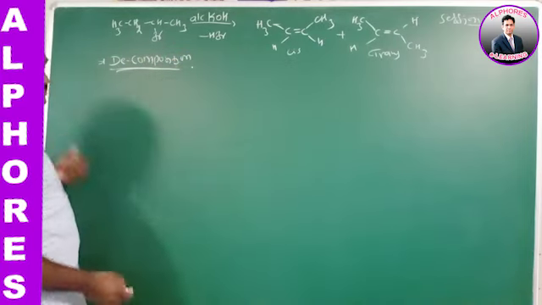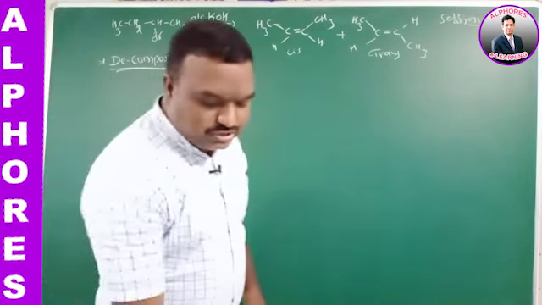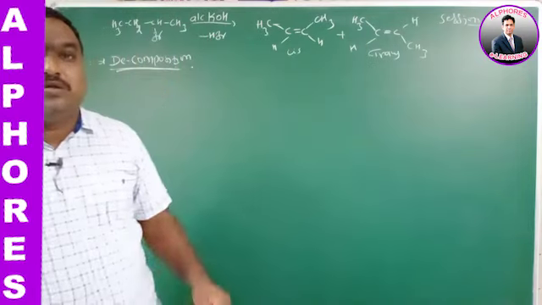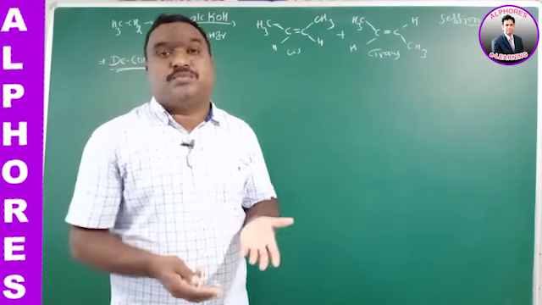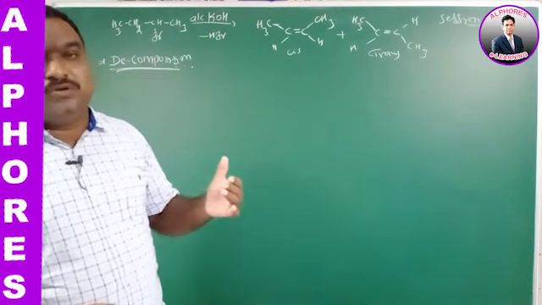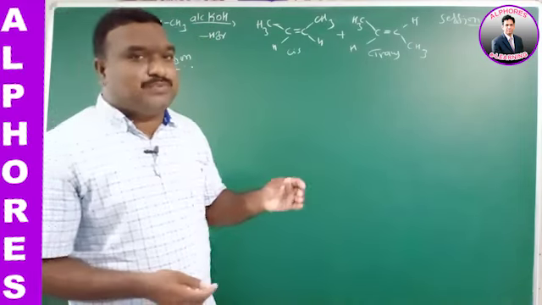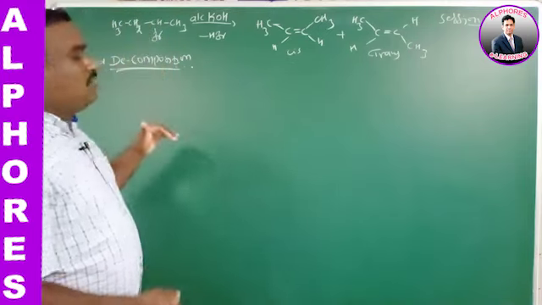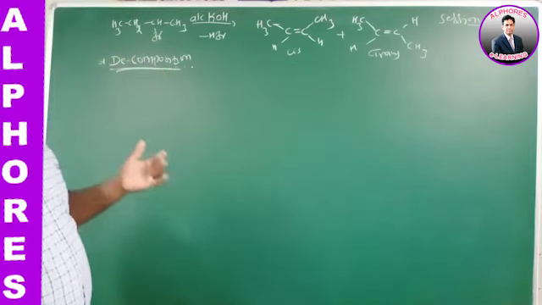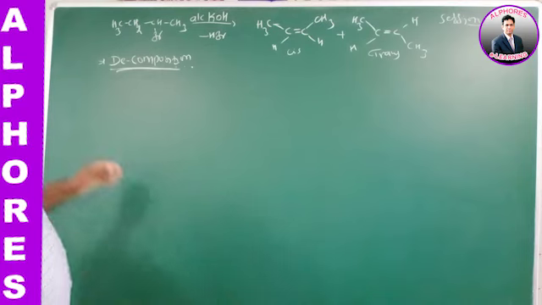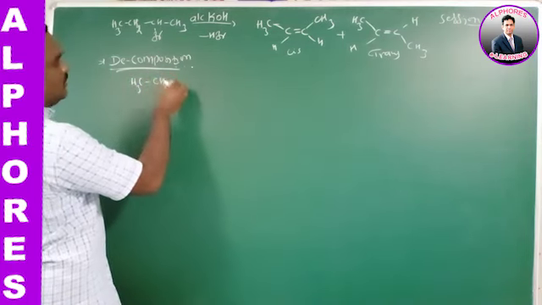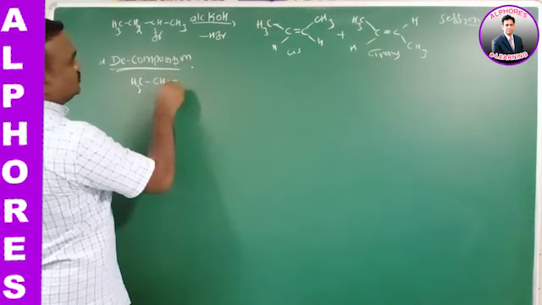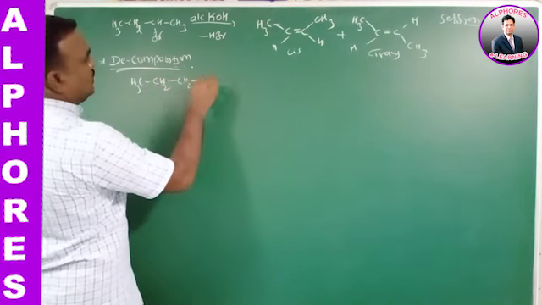Now if you take decomposition reactions, here also the same thing. When you apply a higher amount of temperature, the molecule undergoes dissociation and produces alkenes again. For example, here CH3, CH2, CH2Cl is given.